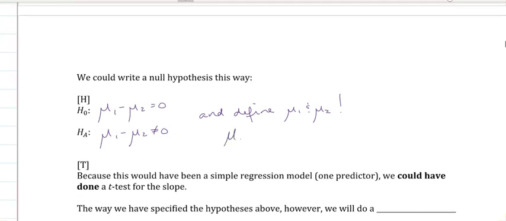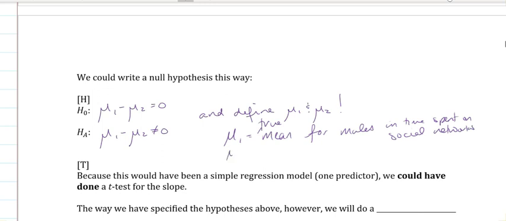In this case, mu1 is the mean for males. We can be specific and say it's the true mean for males in time spent on social networks. Similarly, mu2 is the true mean time females spend on social networks.